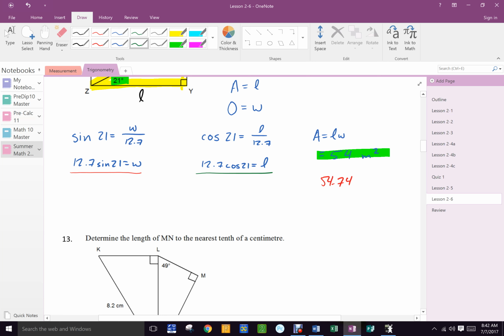Well, L is 12.7 cos 21, right? Times W, 12.7 sine 21. And if I put all that into my calculator, I get the best answer. Does everybody understand?